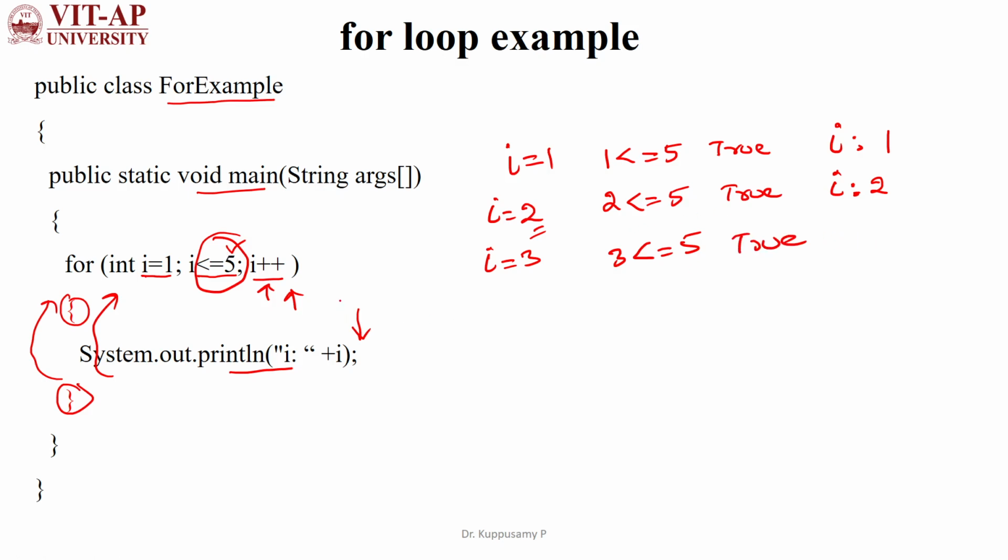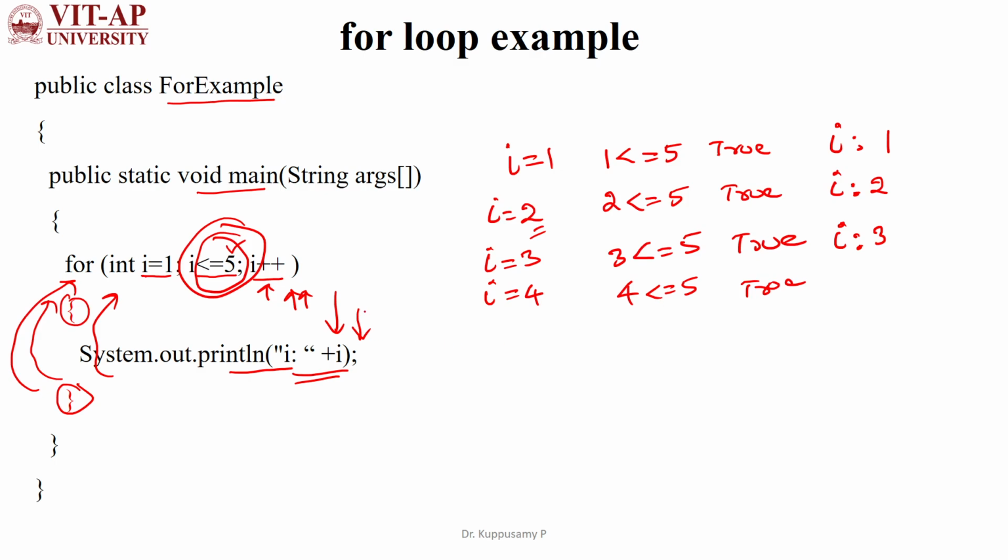Once it is true, again going inside the for loop block. Inside the for loop block, we have the statement System.out.println, "i:" 3. Again i is incremented one time, so 3 plus 1 is 4. Again the condition is checked, so 4 less than or equal to 5, yes it is true.